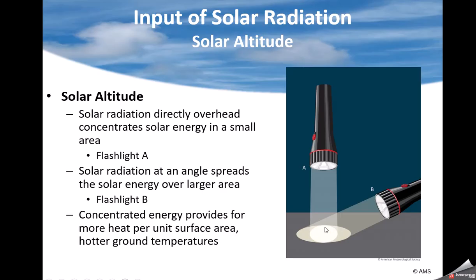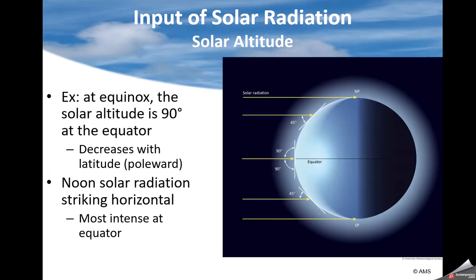So any point in that area is not receiving as much energy as if you were directly overhead at the equator. That is why the further north or the further south you go away from the equator, the less radiation you receive, the less energy you get. So it's colder both directions somewhat.